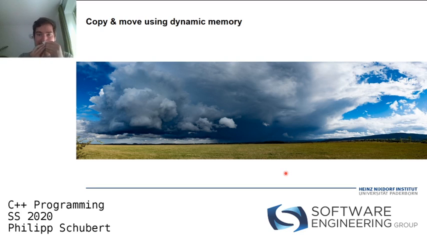So, last time I told you copy and move can be defaulted for the simple types, which only use STL data members and built-in data members. But if you have data types which use dynamically allocated heap memory, we have to define the copy and move special member functions ourselves.